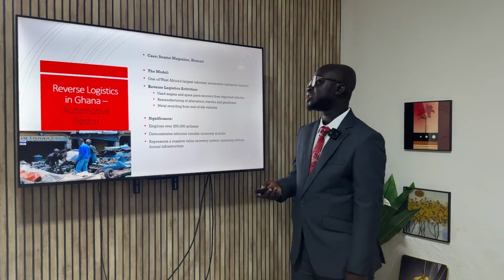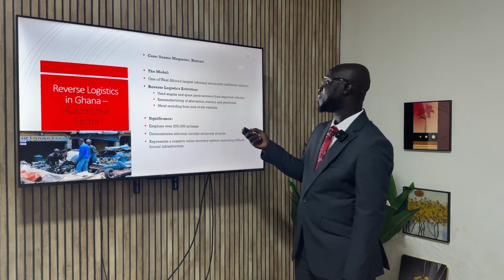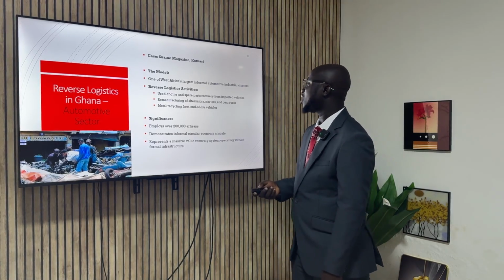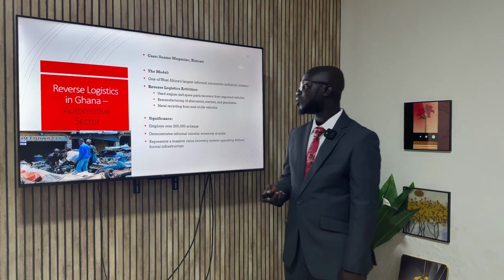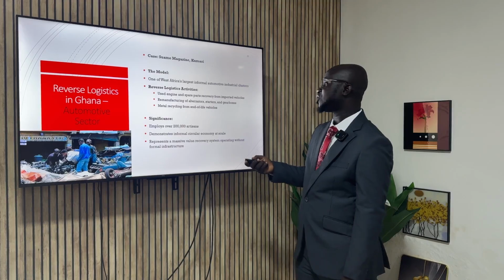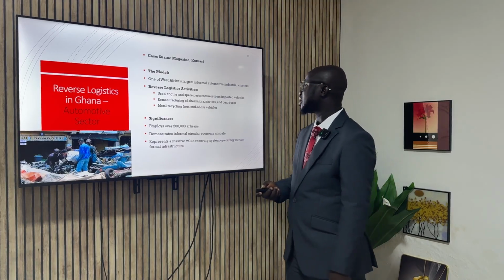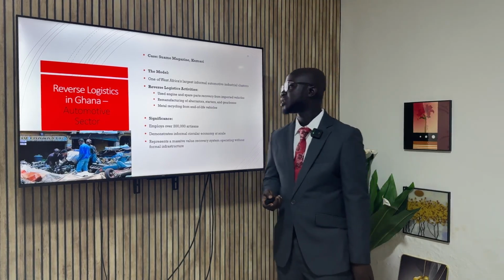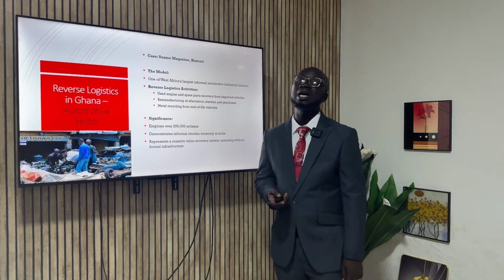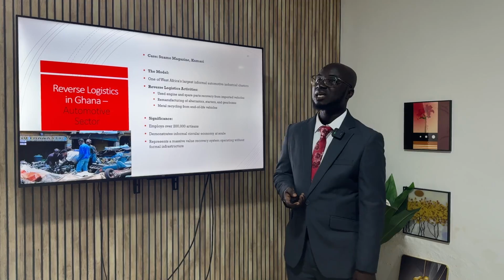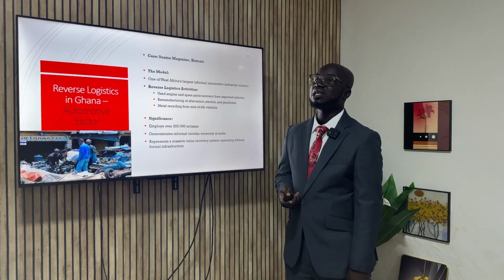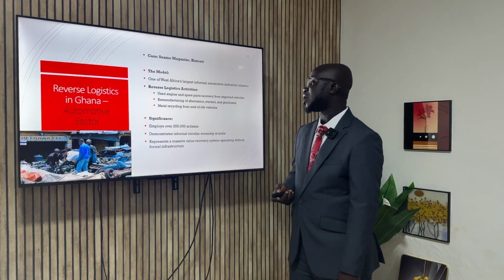We could see that used engines and spare parts are mostly recovered from imported vehicles. They also do remanufacturing of alternators, starters and gearboxes. In fact, when we look at cars and car parts, they are a great hub when it comes to that.